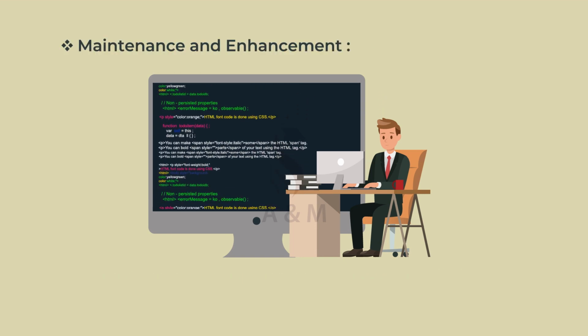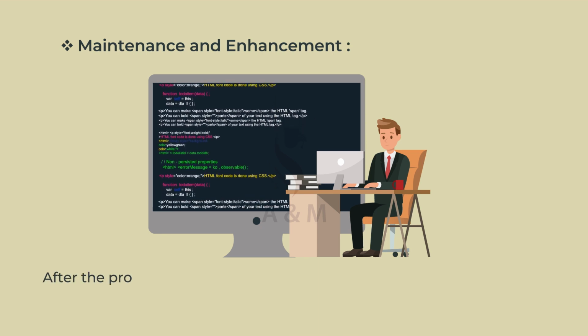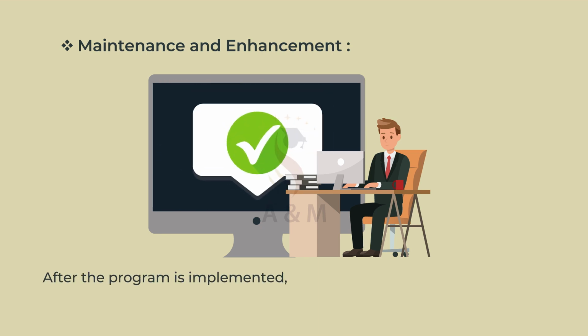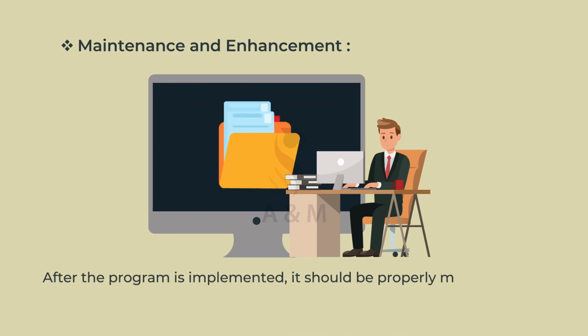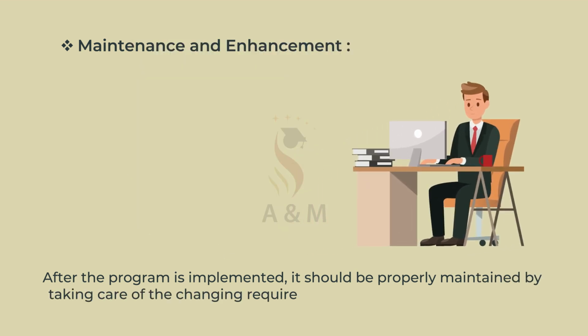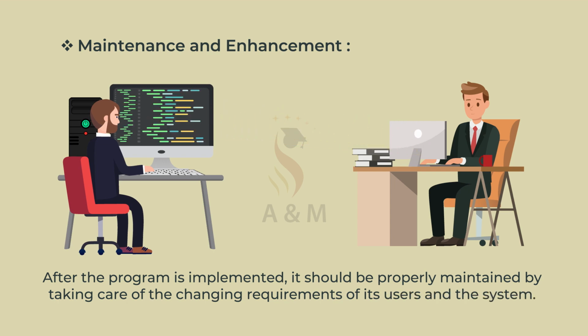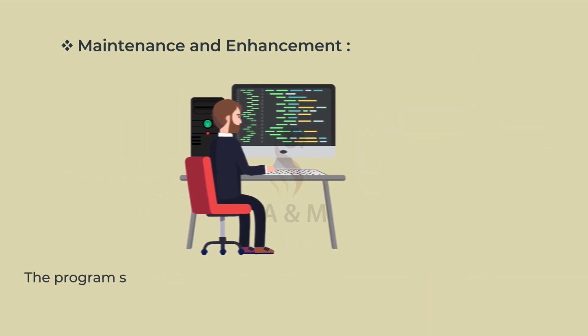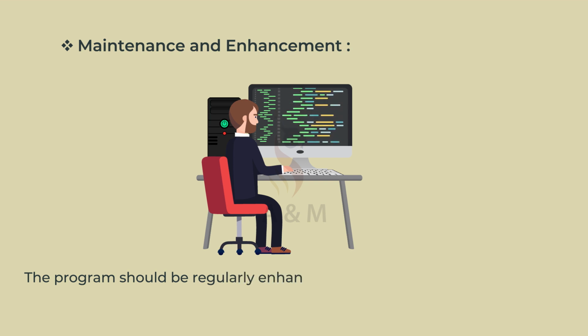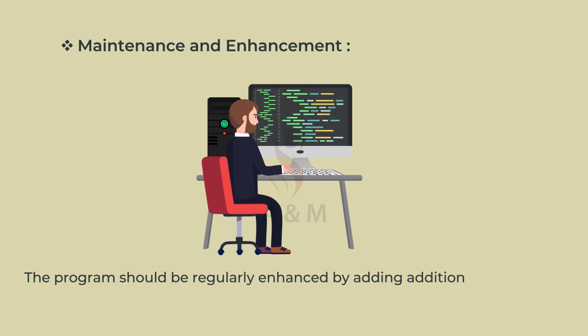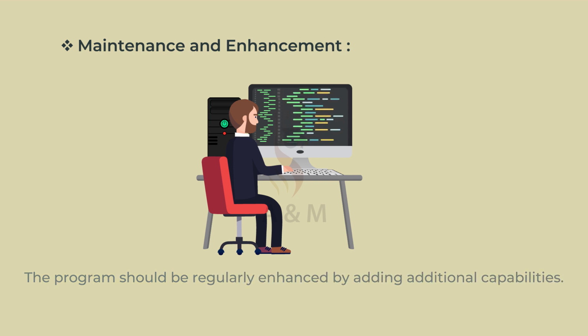Maintenance and enhancement. After the program is implemented, it should be properly maintained by taking care of the changing requirements of its users and the system. The program should be regularly enhanced by adding additional capabilities.